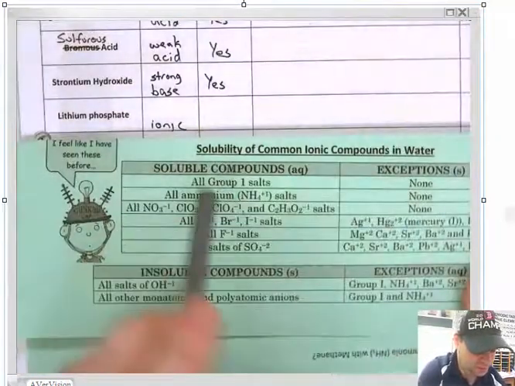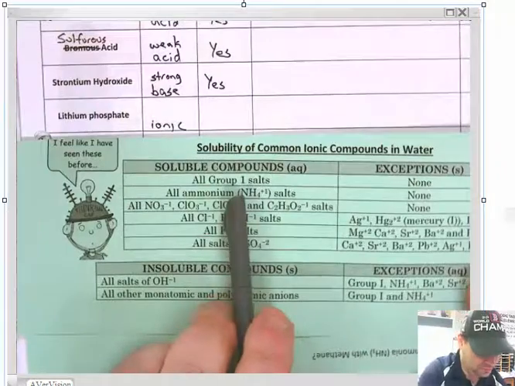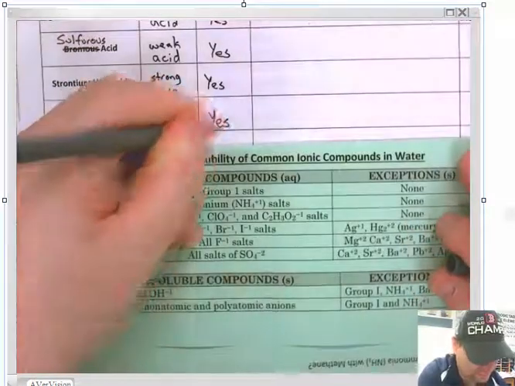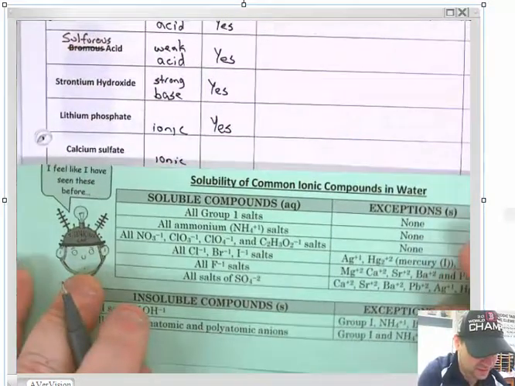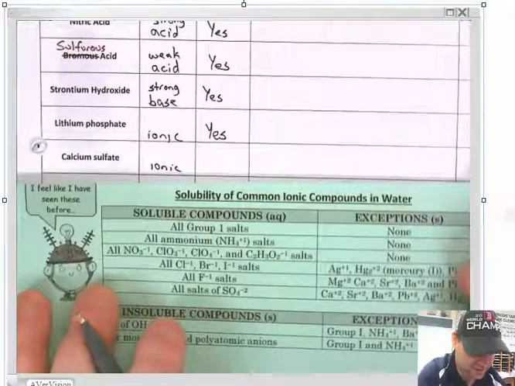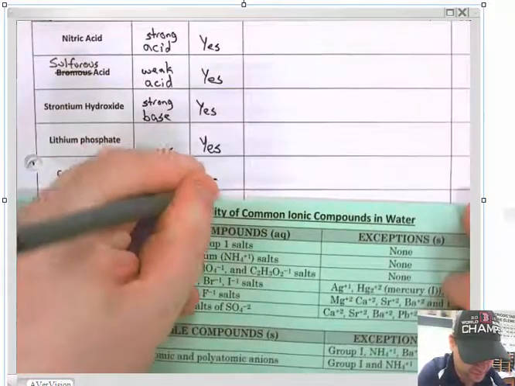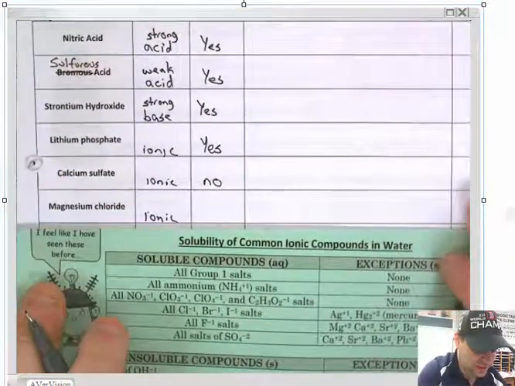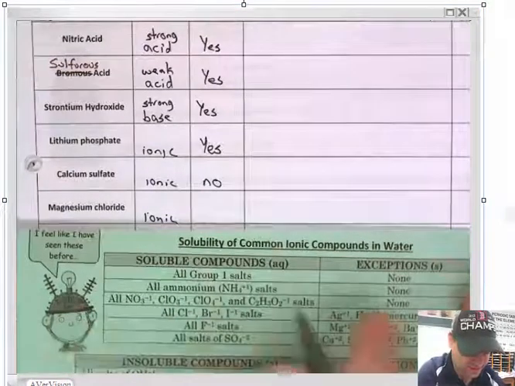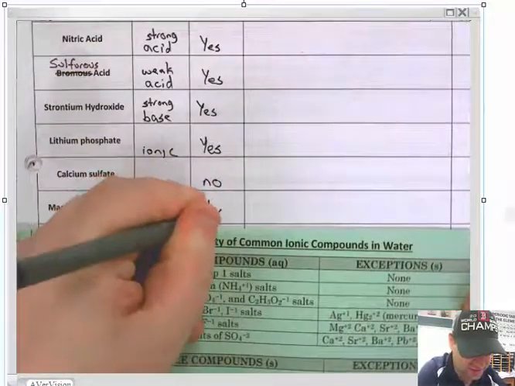Lithium is in group 1, so it is soluble, so this is a yes. Calcium sulfate. There is a rule for sulfates. Calcium's on the exceptions side. This is an S, so this is not soluble in water. Magnesium chloride. There is a chloride rule. Magnesium is not an exception, so this is yes, soluble in water.